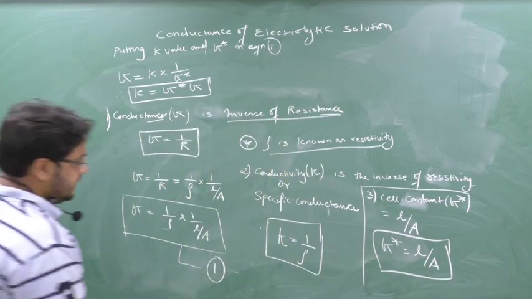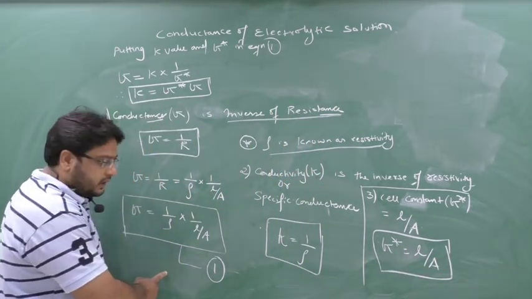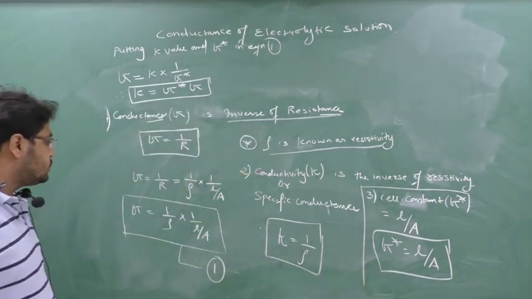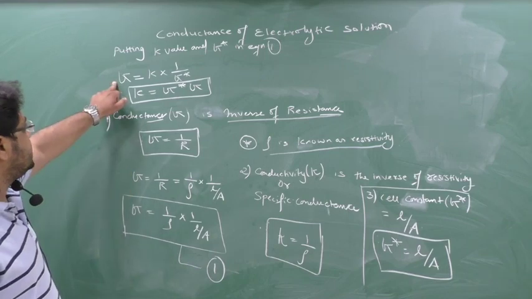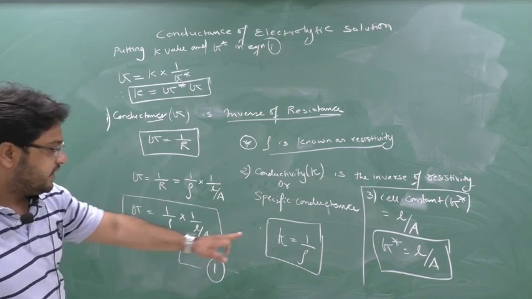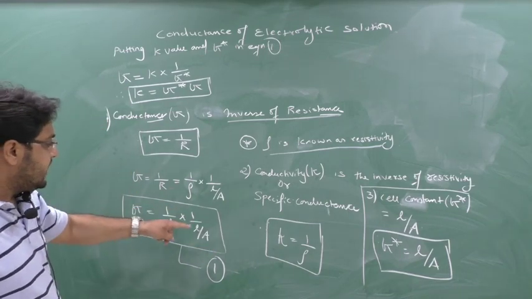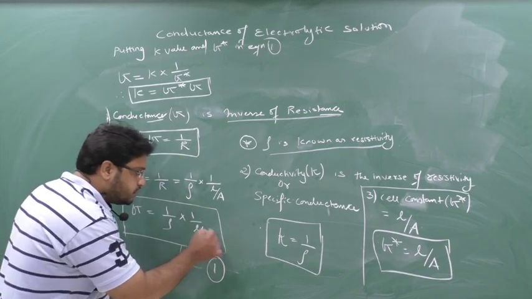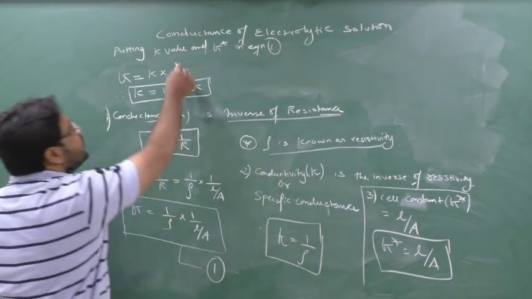Now I am considering equation number 1. I am putting the value of K and G star in equation number 1. The equation was G equal to 1 by rho, which I have taken as K, and 1 by L by A. This portion, 1 by L by A, is nothing but 1 by G star.